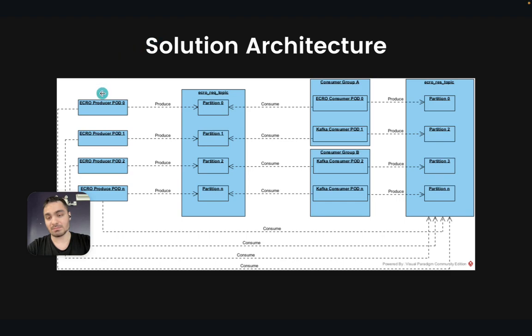At the same time, the producer also consumes messages from the ECRO REST topic and waits for the response that contains the ID generated for the request sent to the ECRO rec topic. Once the message with the awaited ID is received, it is returned to the producer, and the producer returns it to the client.